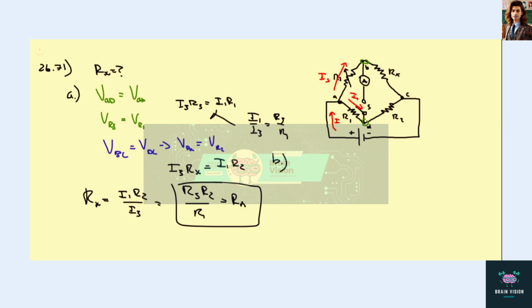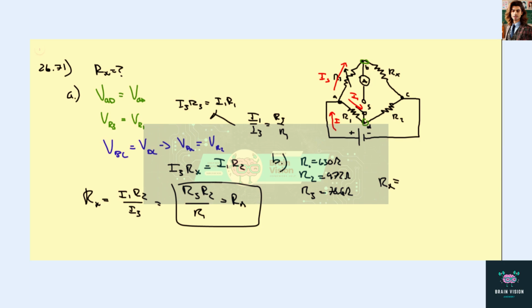Part B now asks, if a Wheatstone bridge is balanced when R1 equals 630 ohms, R2 equals 972 ohms, and R3 equals 78.6 ohms, what is the value of Rx? Well, that's just plugging things in.